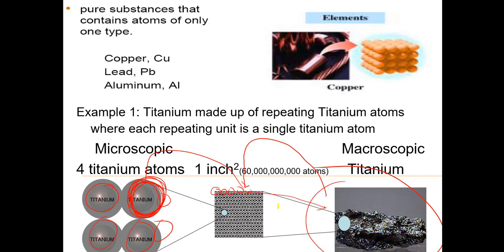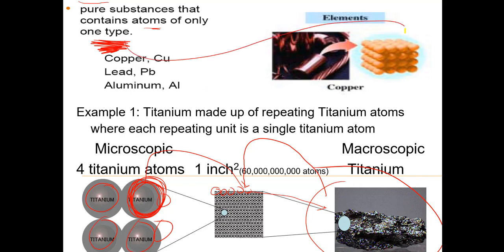This introduces one definition for element, and that's where they contain atoms of one type, of the same type. So usually we like to color code these so it makes it a little bit easier. But if you see that they have the same color, then they're going to be the same atom type.